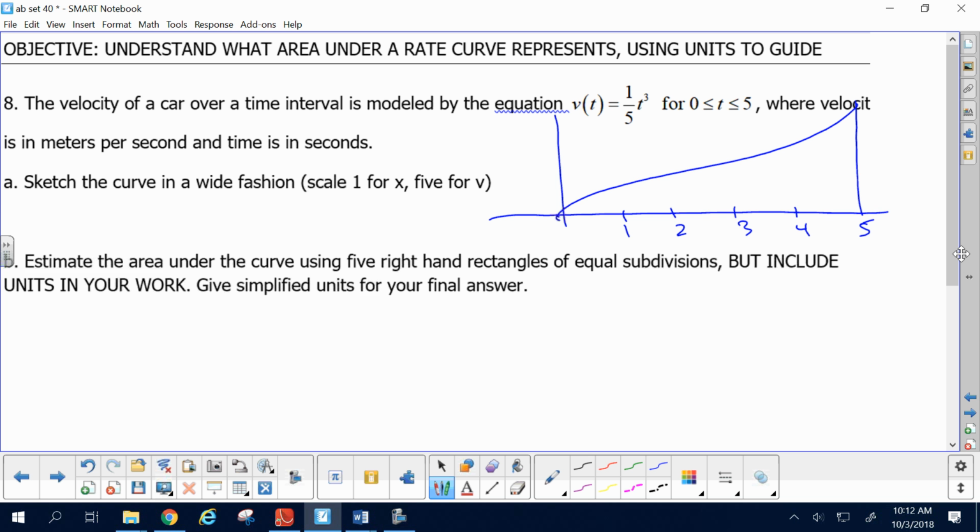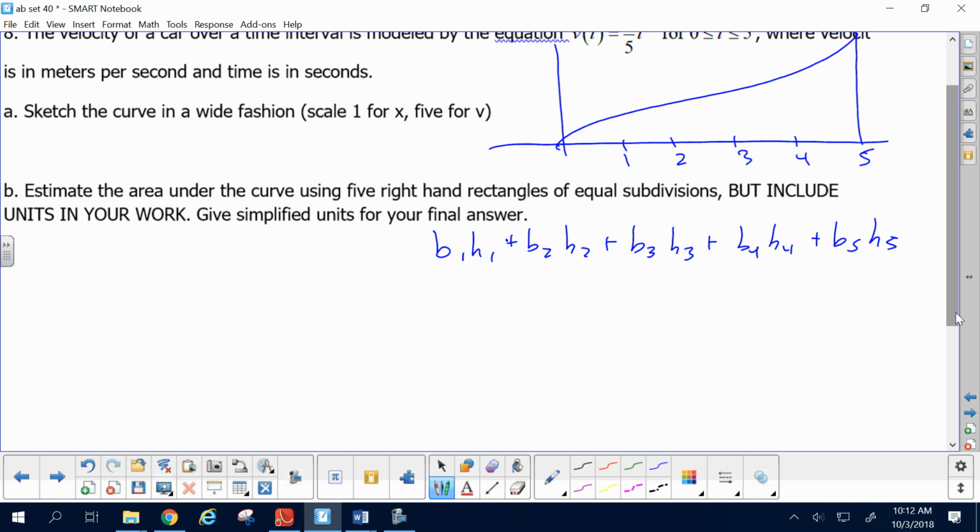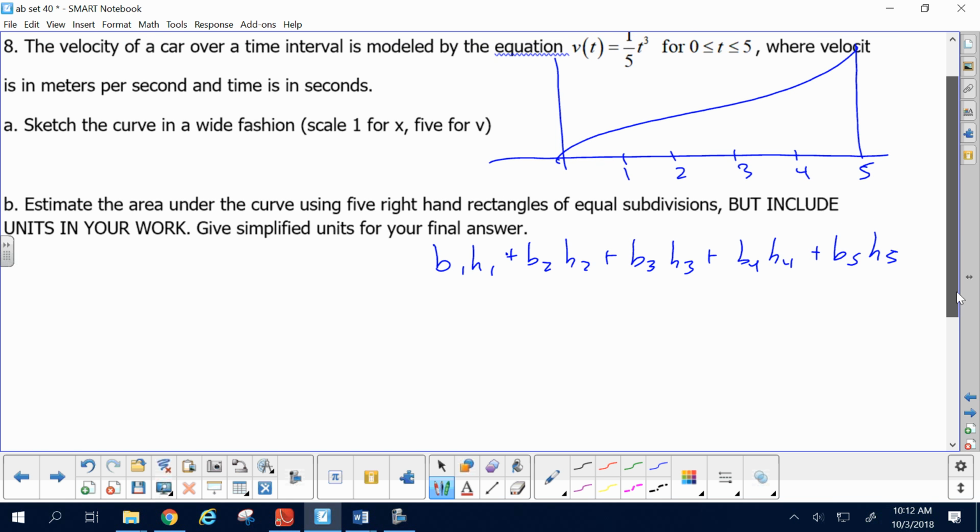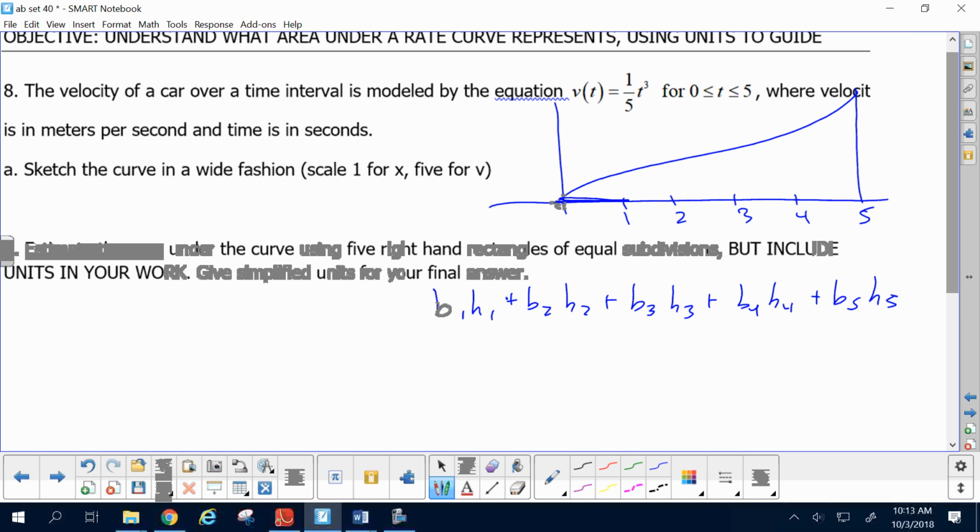I want to focus on part B. When you do the area here, and you say each of these base 1 height ones, or each of these, you could have factored out a base and that's fine, but I'm going to focus on the units here. In this first base, what's the base with units? This is time in seconds. So it's 1 second, right?